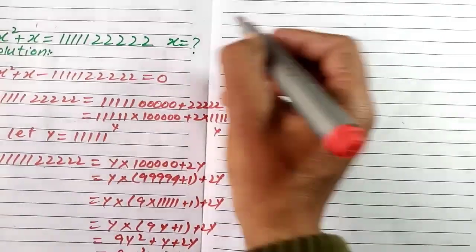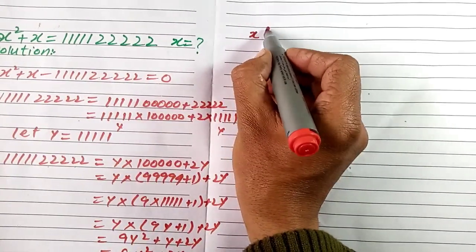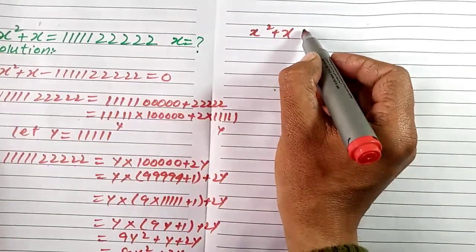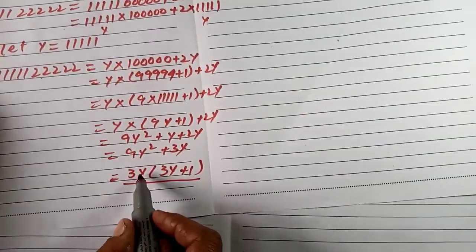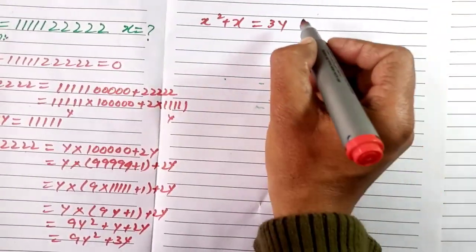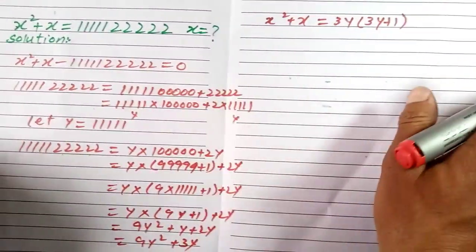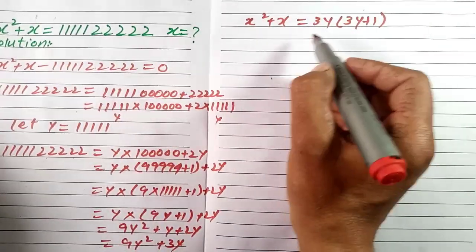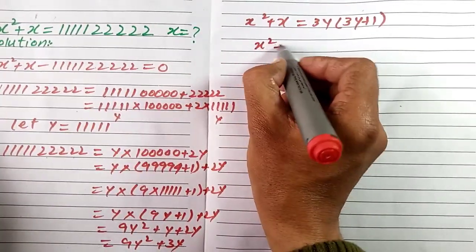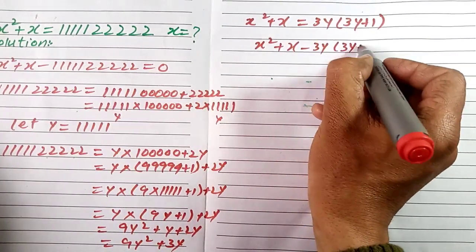So here we can get this equation converted as x square plus x, which is equivalent to this term 3y plus 1. So here we can also write, subtracting this term on both sides, x square plus x minus 3y plus 1.